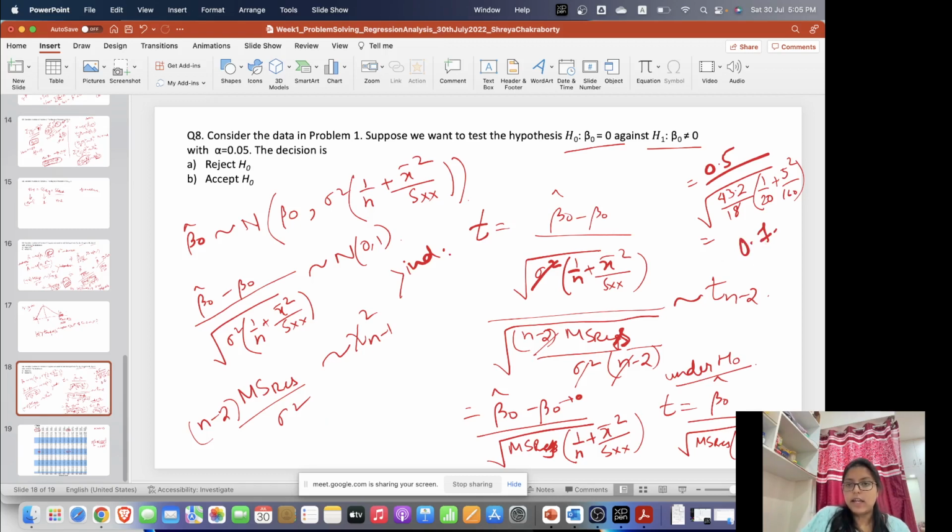And here again, the alternate hypothesis was beta naught not equal to 0. So we'll only reject H naught if T is greater than t_{n-2, alpha/2}. This point was 2.1, and now we have our test statistic value as 0.7. So since this one is not greater than 2.1, we are going to accept H naught. We do not reject H naught.